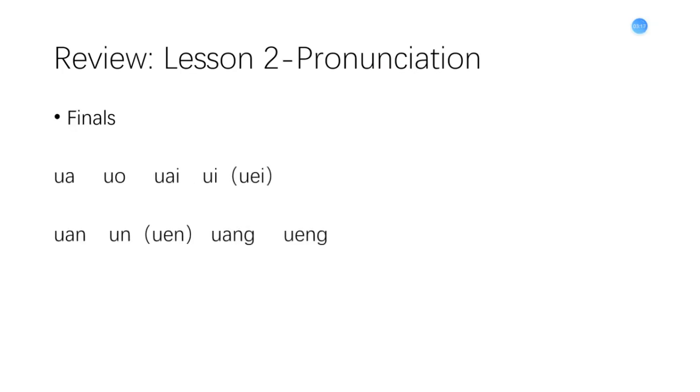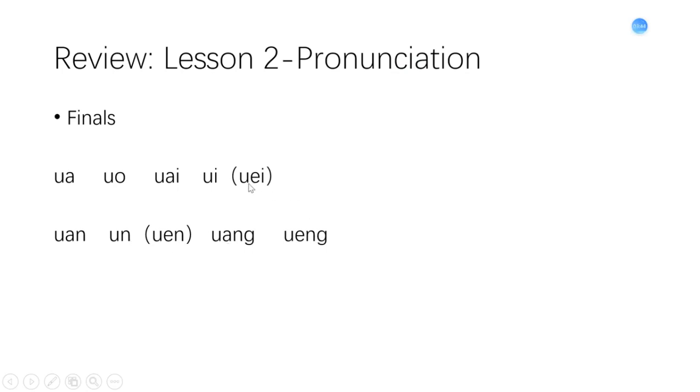Let's make a quick review of the finals. The finals of lesson 2 all begin with the final U we learned in lesson 1, so we make small combinations or small spellings. Let's read together. The first line: 哇, 窝, 歪, 微, and 弯, 温, 汪, 翁.